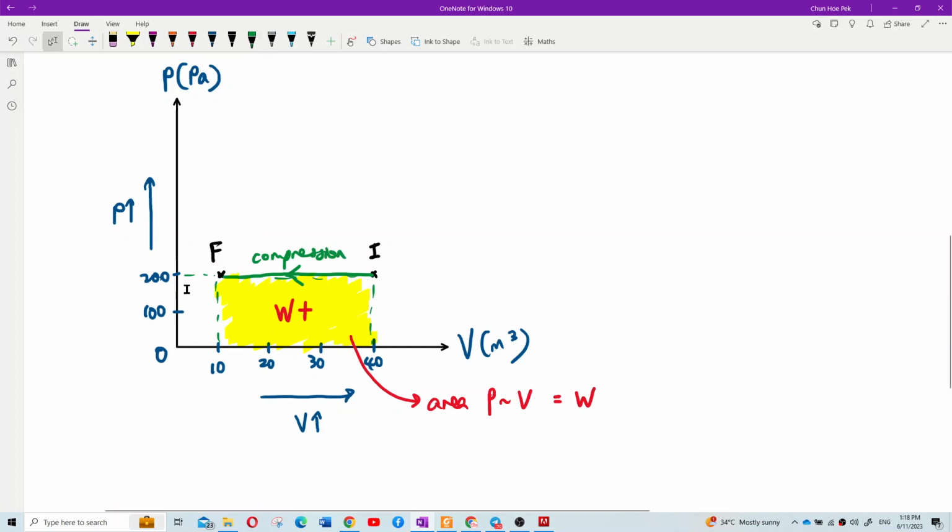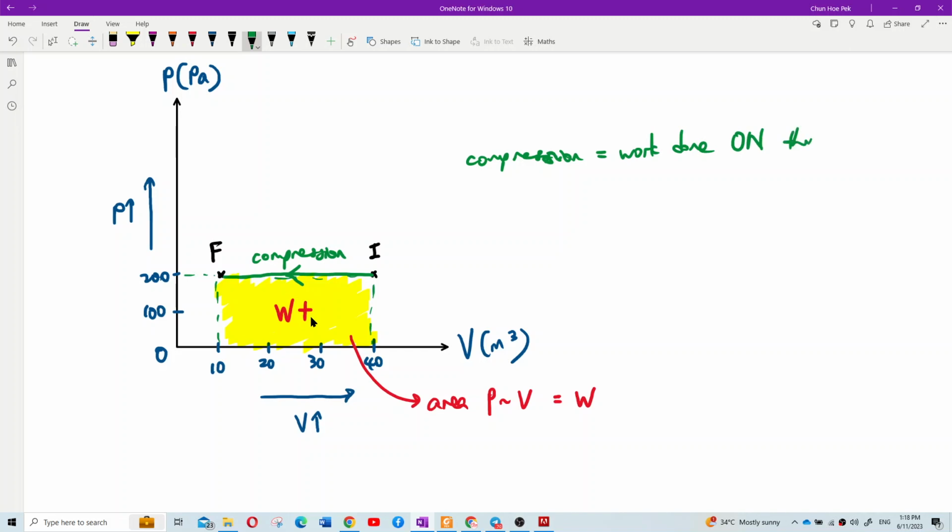So for compression, is the work done positive or negative? Is it work done on the gas or work done by the gas? Work done on the gas. That means the gas doesn't do any work. Someone does the work. So this work done is negative.